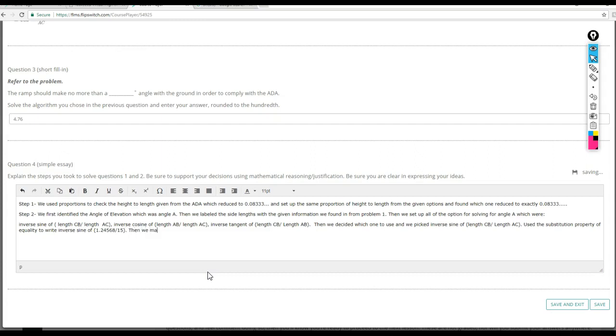Then we made sure the Google calculator was in degrees and inverse. Then we typed it in and rounded to the nearest hundredth. So those were the steps that we took in order to solve our questions. And now we're going to save and exit, and I'll see you in the next one.